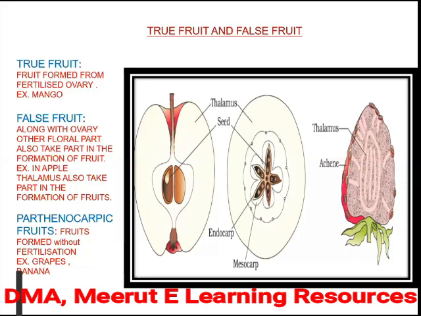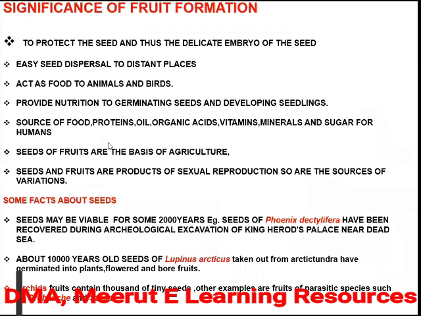In this way, many fruits can be made parthenocarpic if you don't want to eat their seeds. For example, papaya, watermelon, etc. By chemical treatment, by hormonal treatments. Got it?